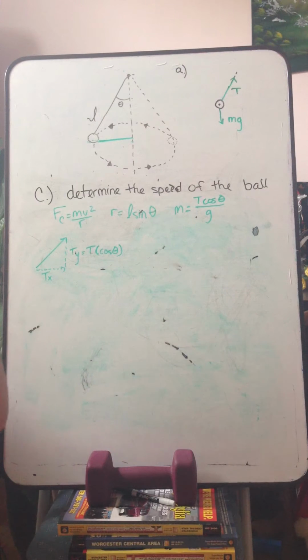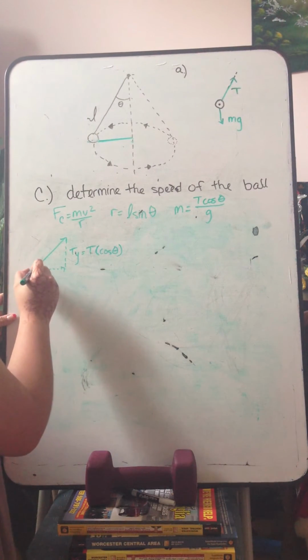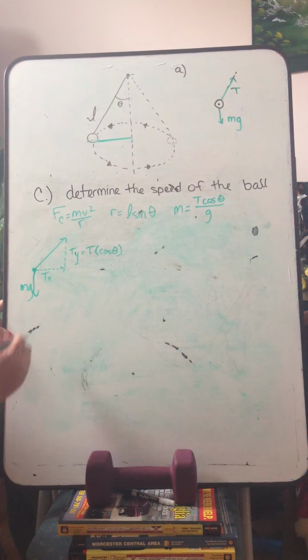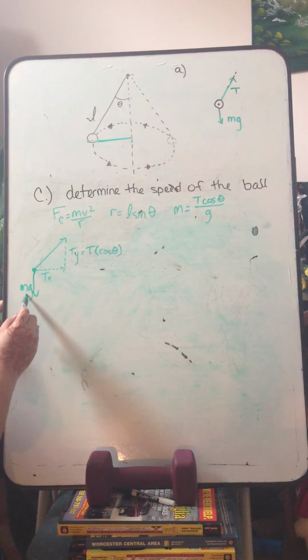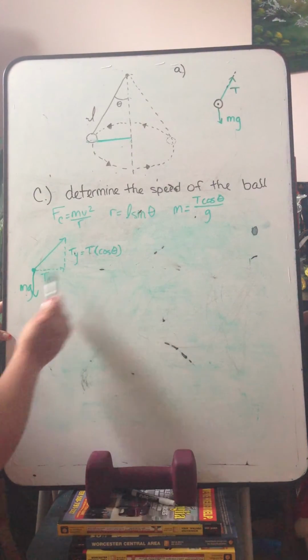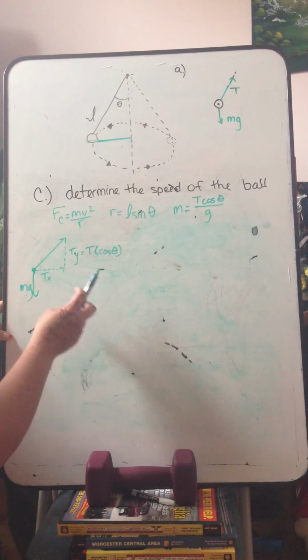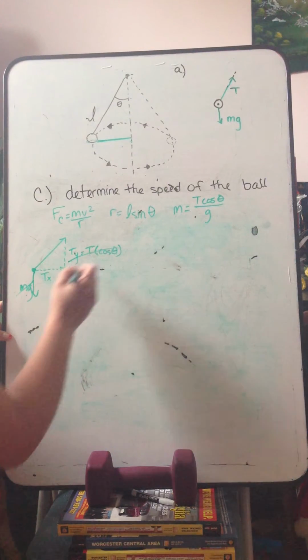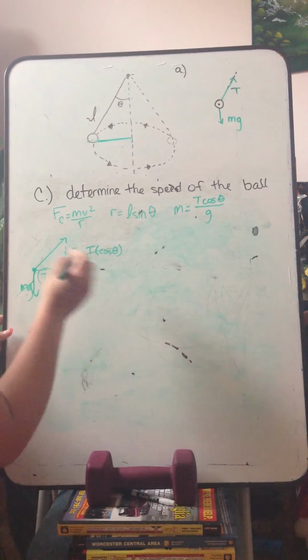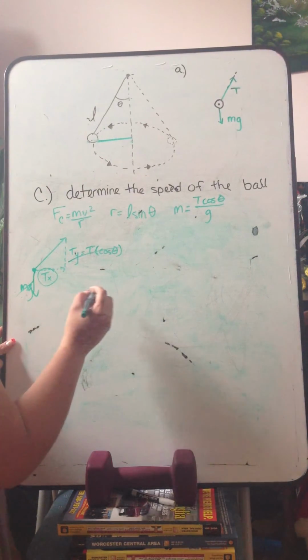And when we drew out our free body diagram, we saw that mg and the vertical component of T are equal to each other, therefore they cancel out, leaving only Tx, the force that moves this ball around in the circle.